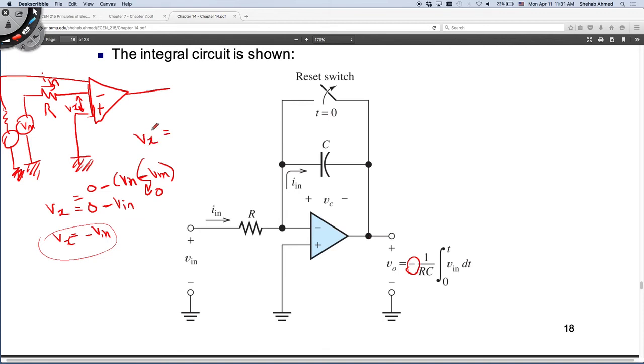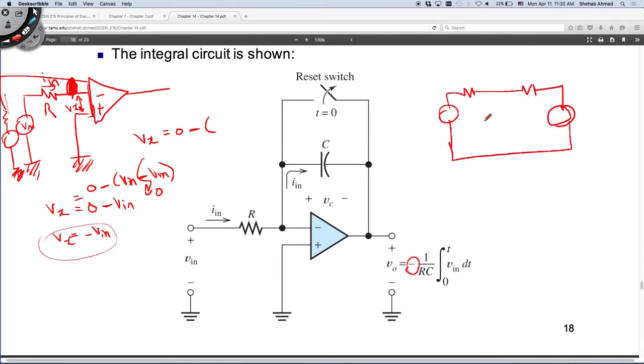Vx is going to equal 0 minus the effective voltage around this loop. We can control the voltage around this loop. We can control the voltage at this point. If I have a voltage source here, a resistor here, a resistor here, another voltage source here, that's what this looks like, and this is the voltage at this node of interest.